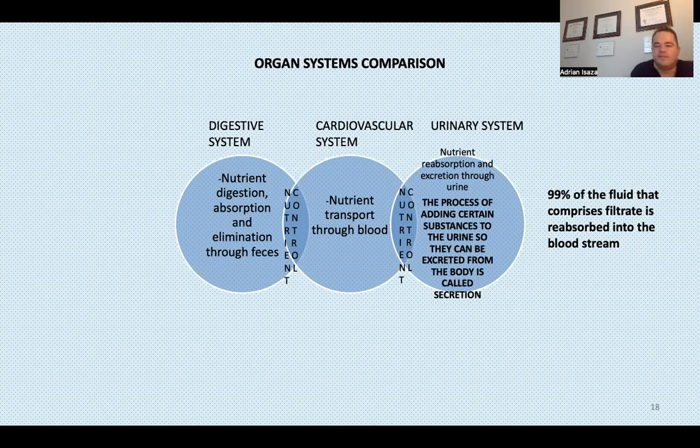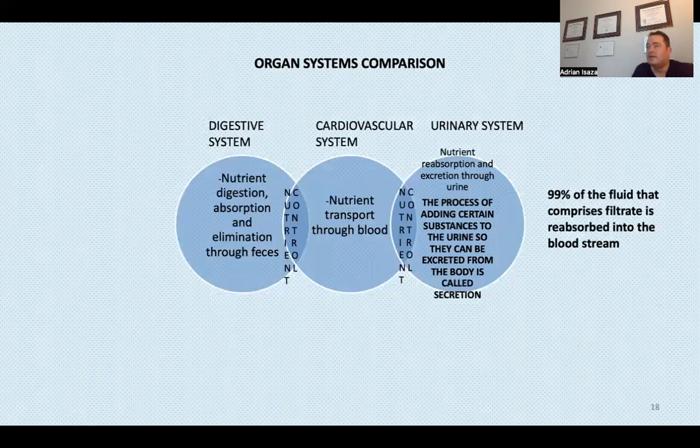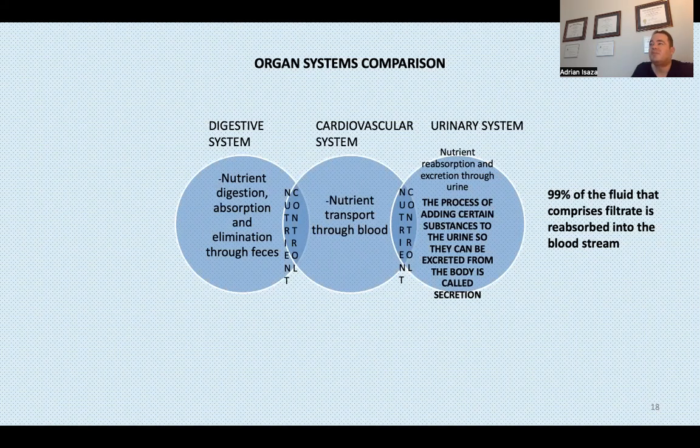So 90% of the fluid that comprises filtrate is reabsorbed into the bloodstream. So reabsorb about 99% of things. The 1% would be things like urea, which is nitrogenous waste. And nitrogenous waste, guys, it's toxic, right?